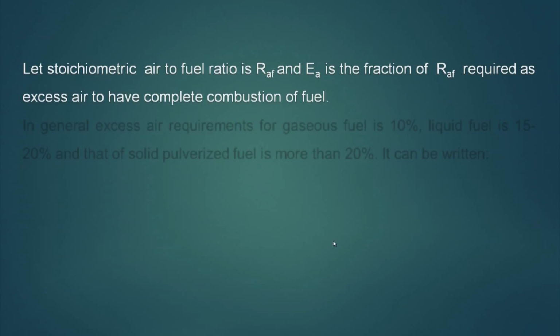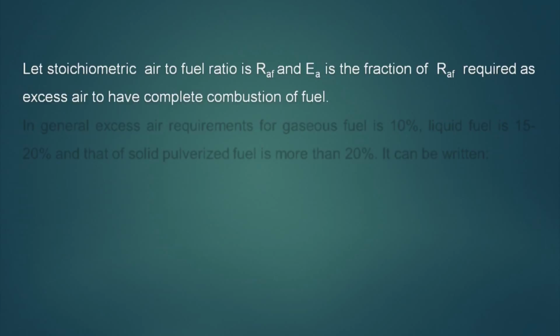Now, let us assume the stoichiometric air to fuel ratio is RAF and EA is the fraction of RAF required as excess air to have complete combustion of the fuel. It is generally the case that the stoichiometric air is not able to completely combust the fuel, and hence we increase the amount of air to have complete fuel combustion.